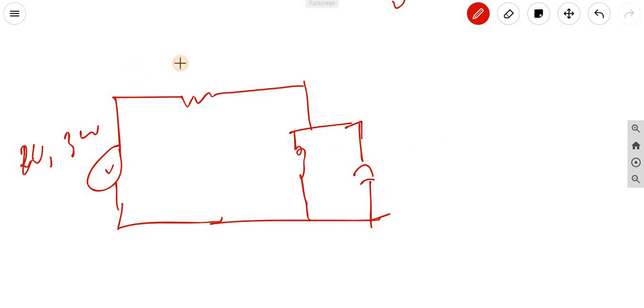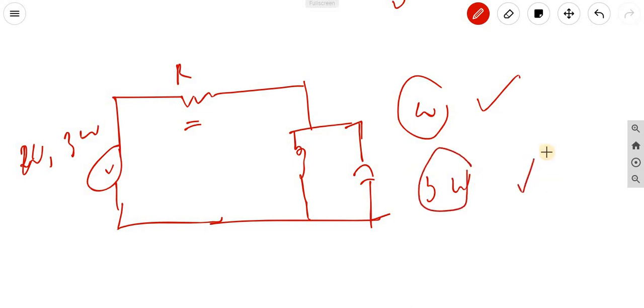The phasor diagram for omega would be different, and for 3 omega it would be different. At one frequency one set of phasors would be there, and for the other frequency another set would be there. It would be like this.